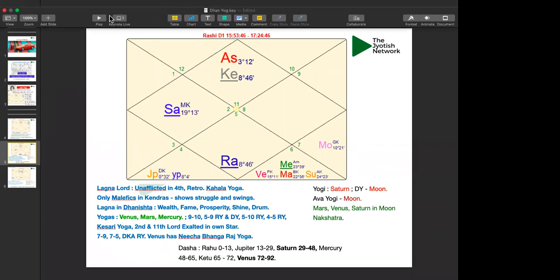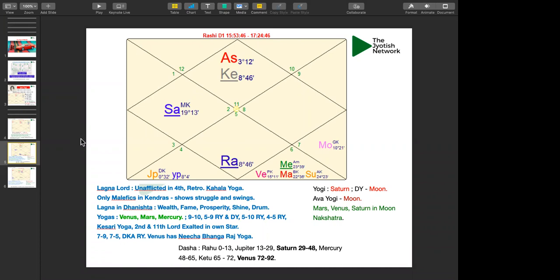Yeah, just a couple of observations from my side. Saturn, of course, becomes the yoga karaka both from the Chandra Lagna and from the Dasha Lagna. And in addition to the fact that from the Lagna it was forming a 1-4 Raja Yoga, both from Chandra Lagna and Dasha Lagna it becomes a good yoga karaka planet.